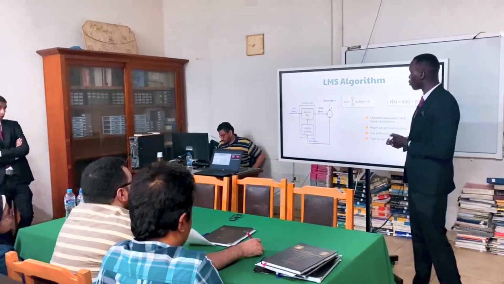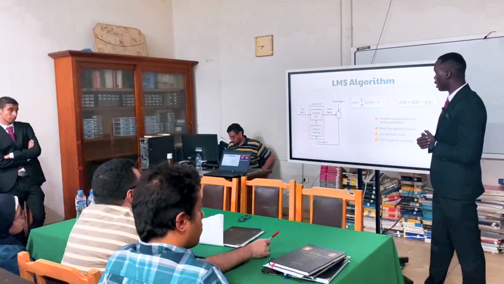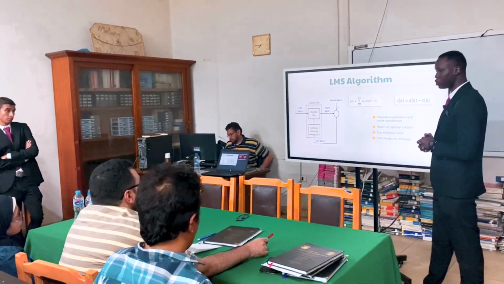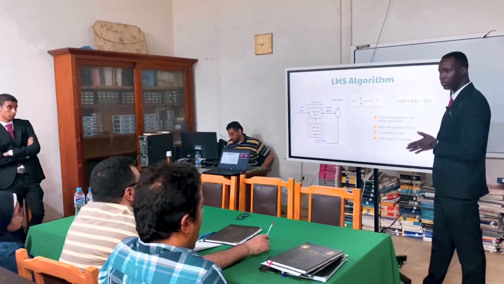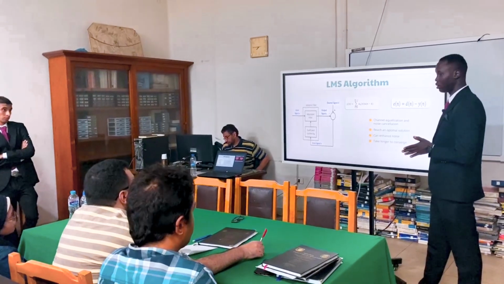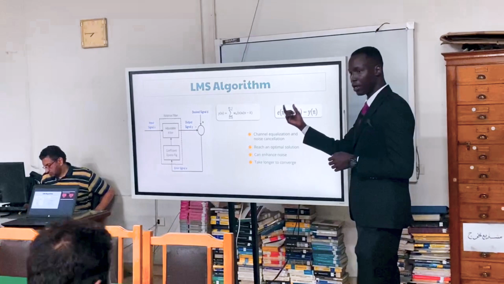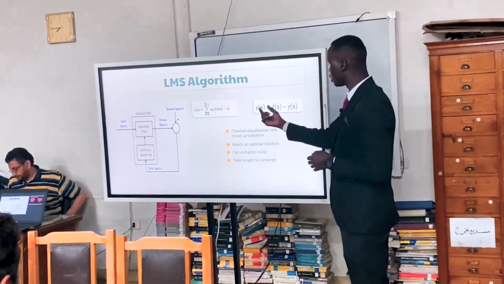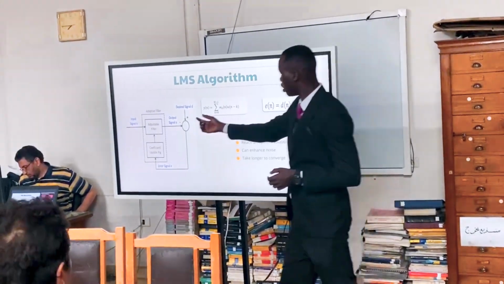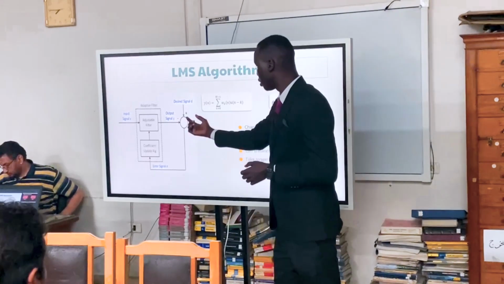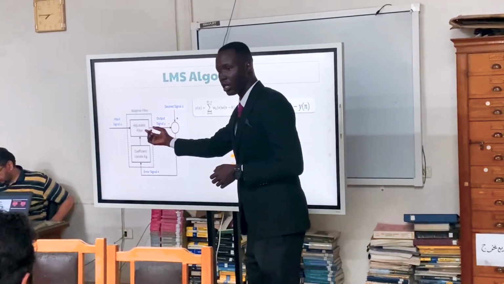The issue we face with least mean square is that, as we're trying to mitigate the channel, it can enhance the noise as well. What the least mean square does is get the error using my desired signal and the output after the adaptive filter.